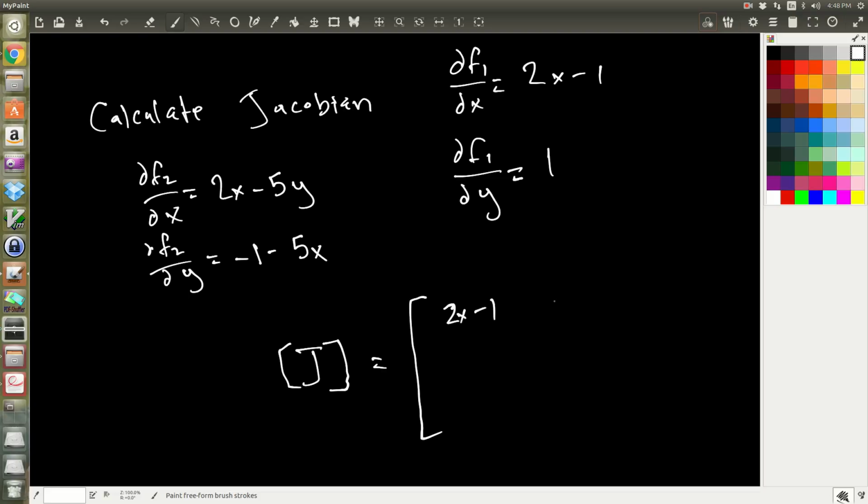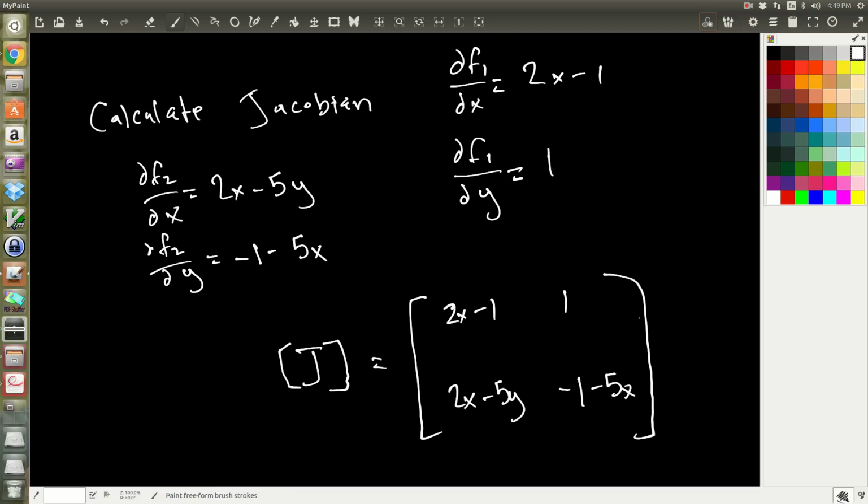And the partial of f1 with respect to y was just equal to 1. Now the partial of f2 with respect to x was equal to 2x minus 5y. And then with respect to y, it was minus 1 minus 5x.